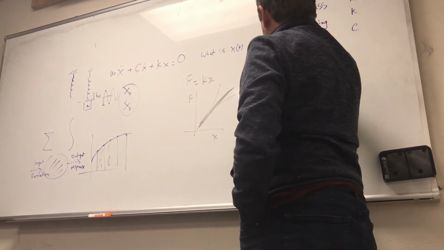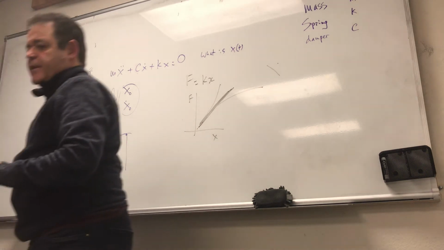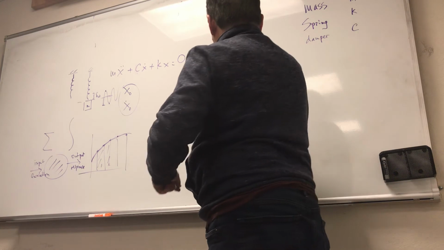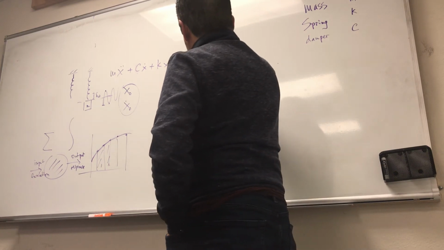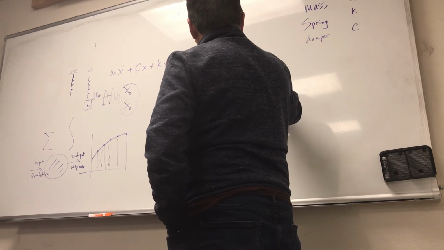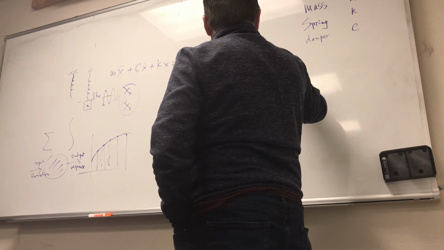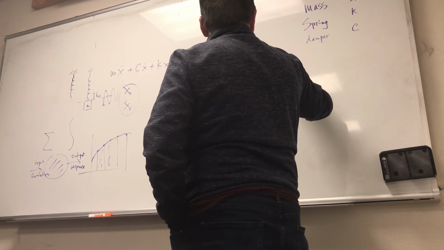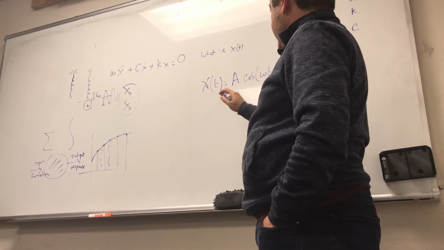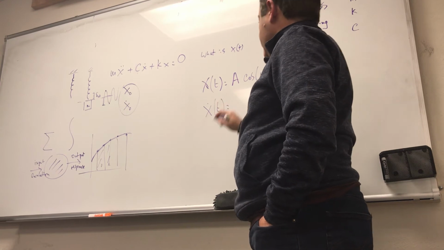if x is equal to, because these will come over and over again, okay? So if x of t is equal to A, let's say, cosine of omega t plus phi, let's say, what is x dot of t equal to?